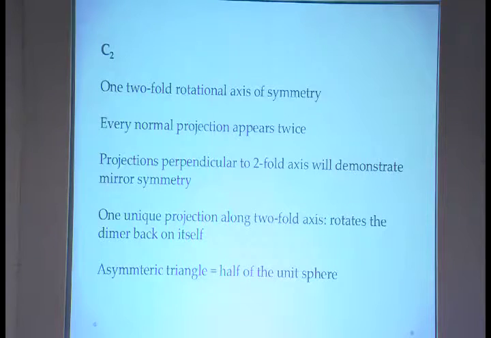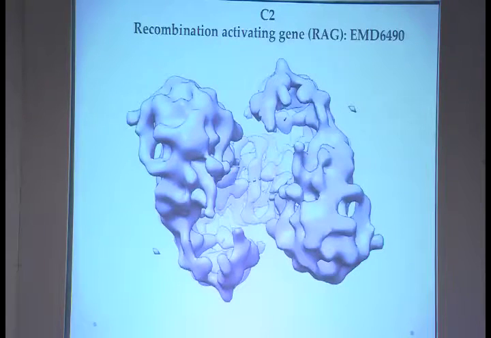C2 molecules have one two-fold rotational axis of symmetry. So every normal projection will appear twice, and projections which are perpendicular to the two-fold axis will demonstrate mirror symmetry. The asymmetric triangle constitutes half of the unit sphere, so this is a little bit of an advantage over C1 molecules, meaning that you can actually get away with less data for reconstructions.